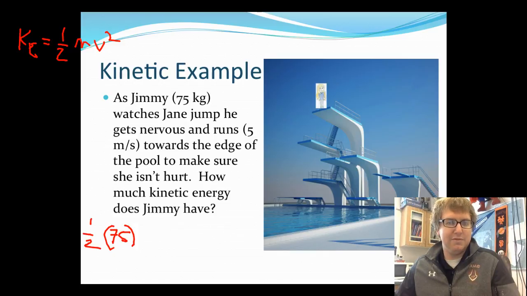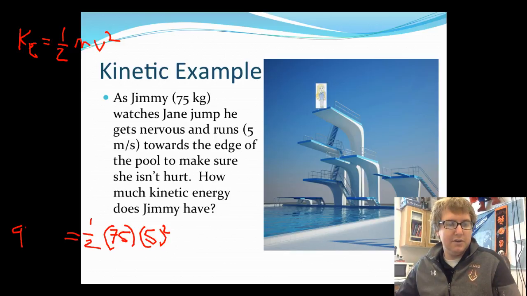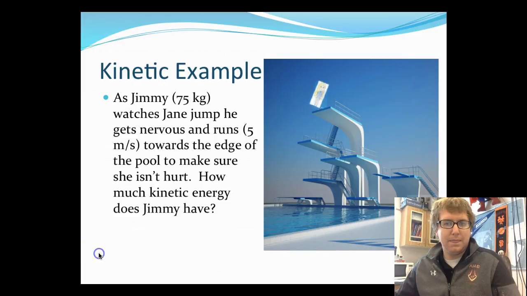His velocity is 5 meters per second, which is exactly what we need it in, so times 5 squared. We solve for that, and that comes out to 937.5 joules. There she goes, Jimmy running to save her.